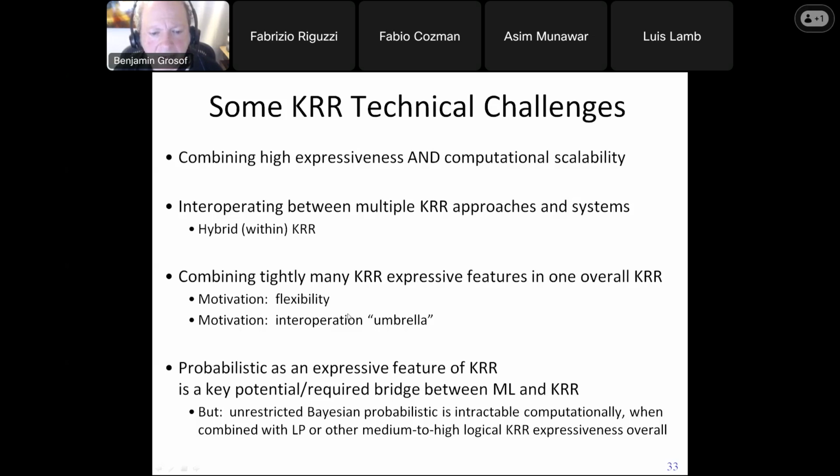Another is to be an umbrella for interoperation. And that is a third major challenge in the area of KRR overall. Finally, probabilistic as an expressive feature of KRR is key as a potential and also really required bridge between ML and KRR. But if you have unrestricted Bayesian probabilistic as an expressive feature, then you get intractable computationally when you try to combine that with LP or some other medium to high logical KRR expressiveness overall.